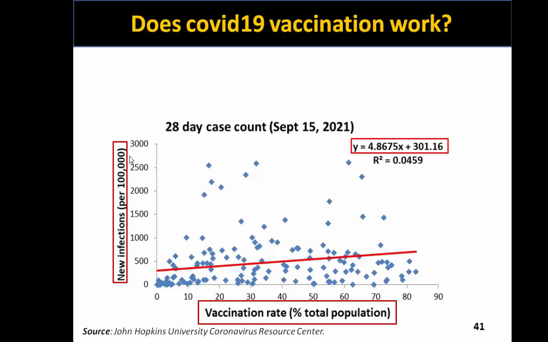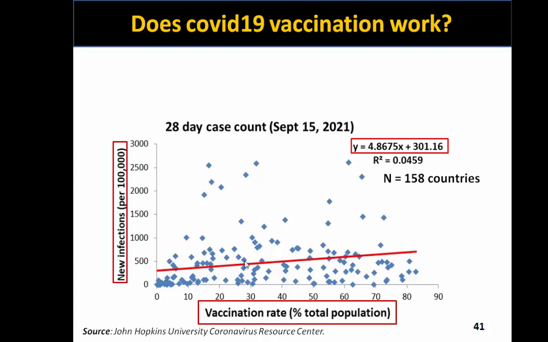So this scatter plot has taken data from the Johns Hopkins Coronavirus Resource Center and is examining the Pearson product moment correlation between these two variables for a number of countries.